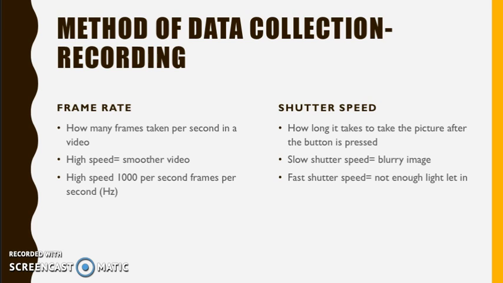Shutter speed also needs to be considered when generating an image, as it's the amount of time it takes for the picture to be taken. A slow shutter speed may cause problems because it creates a blurry image. However, a fast shutter speed may not allow enough time for the light to get in.